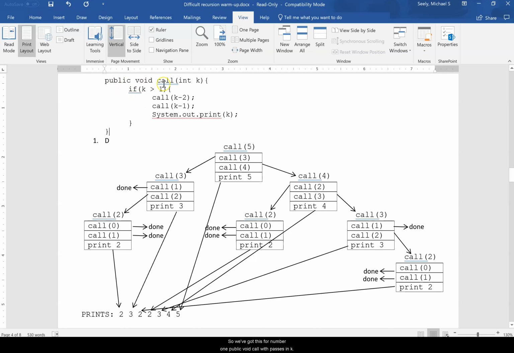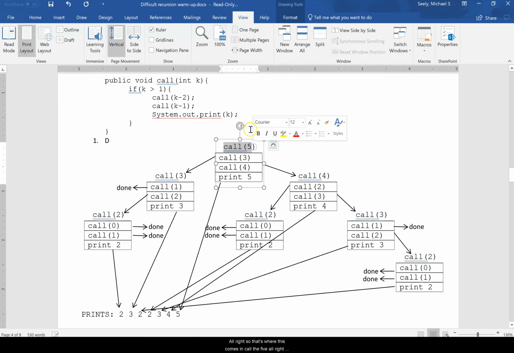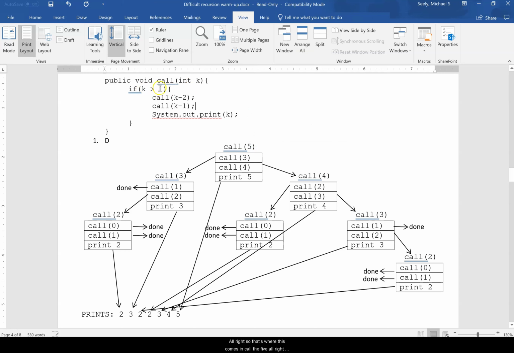So for number one, we've got public void call, which passes in K, and K is 5 at first. So that's where call to 5 comes in. Is 5 greater than 1? Yes. So we do 5 minus 2, which is 3, 5 minus 1, which is 4, and then we print 5.